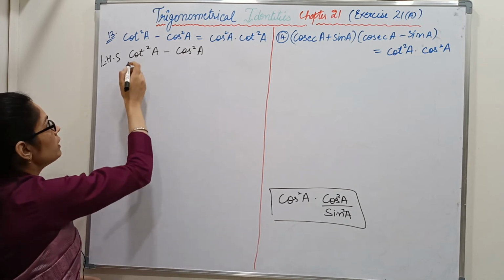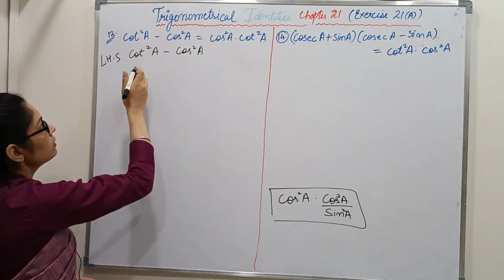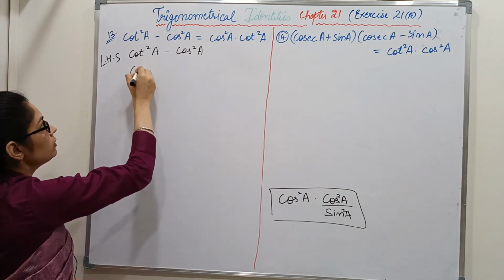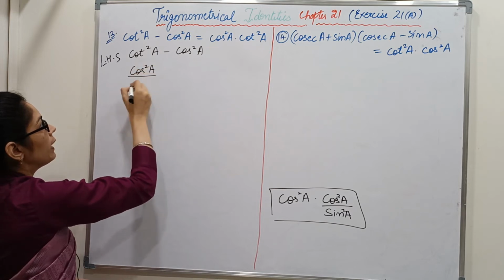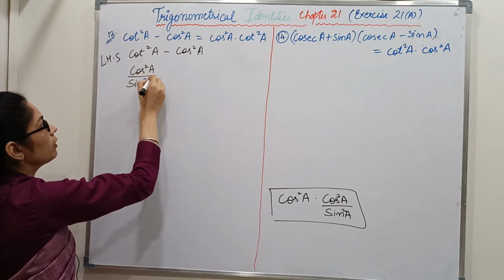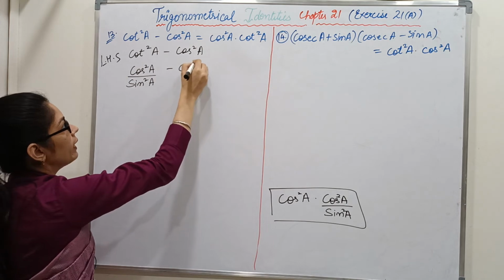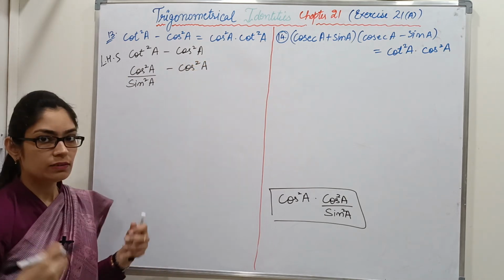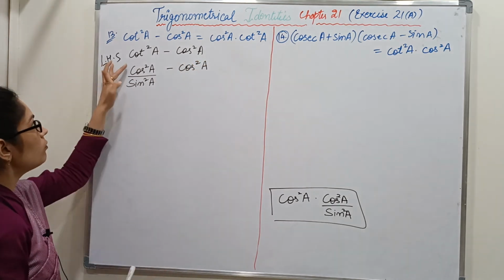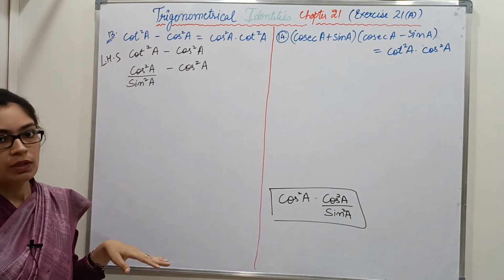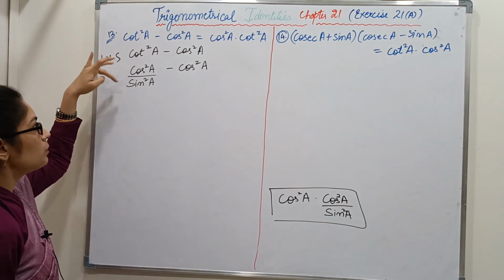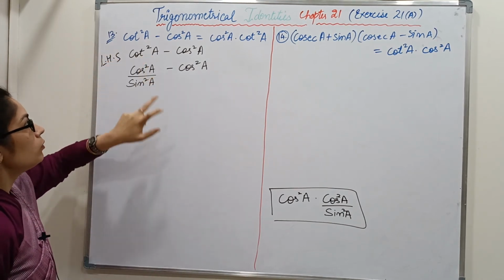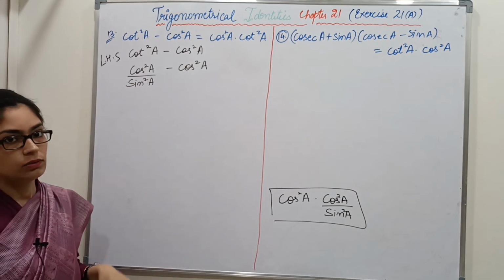So first of all we have to change it. So cot square a by sin square a minus cos square a, as it is I will write, because it is already in cos form. Cot we change to sin and cos form. Cot is cos by sin, because square was there, so I just wrote it square also.